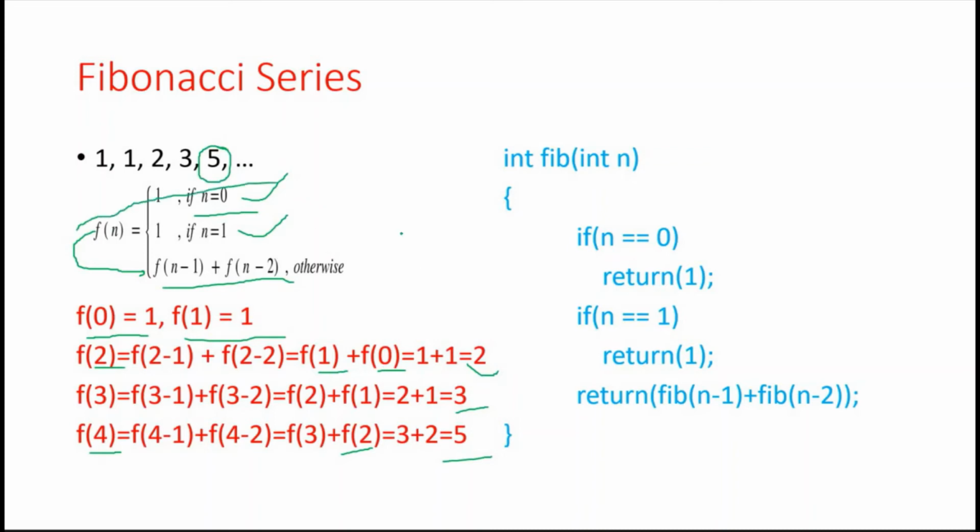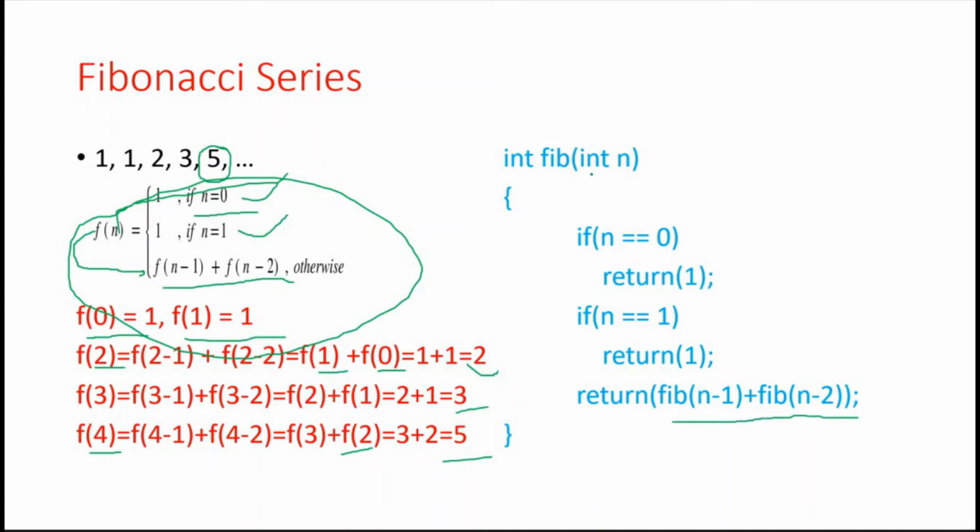According to this recursive definition of the Fibonacci series, we have written this Fibonacci function. This is our base case: if we have n equals 0, we will return 1, and if we put n equals 1, this function will return 1. Otherwise, we have this case, Fibonacci(n-1).